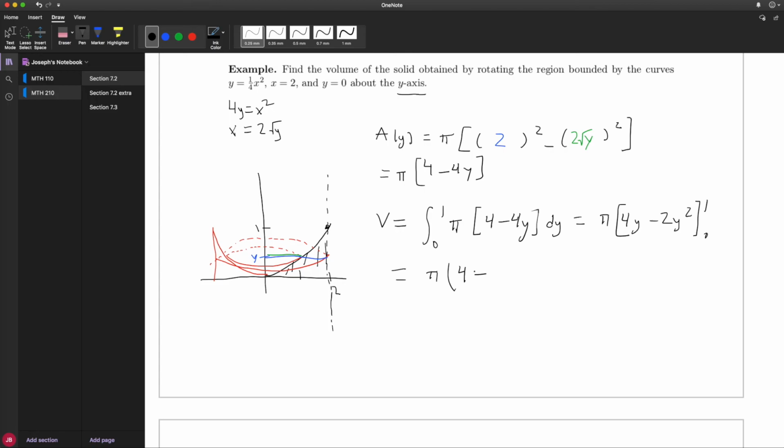Now let's be careful here. So 4 times 1 minus 2 times 1 squared, minus plug in 0, which is the bottom number. Sorry, class, it should be pi times parentheses. Plugging in 0, we're going to get 0 minus 0. So I think all of that is 0 when we plug in 0. And simplifying, we get 4 minus 2, which is pi times 2, which we can write much more nicely as 2 pi.